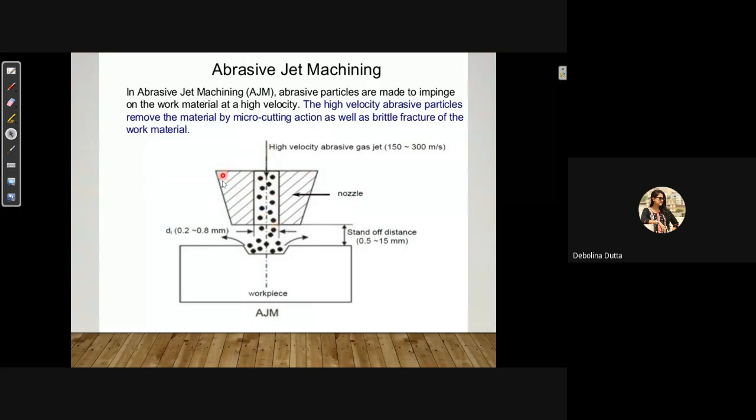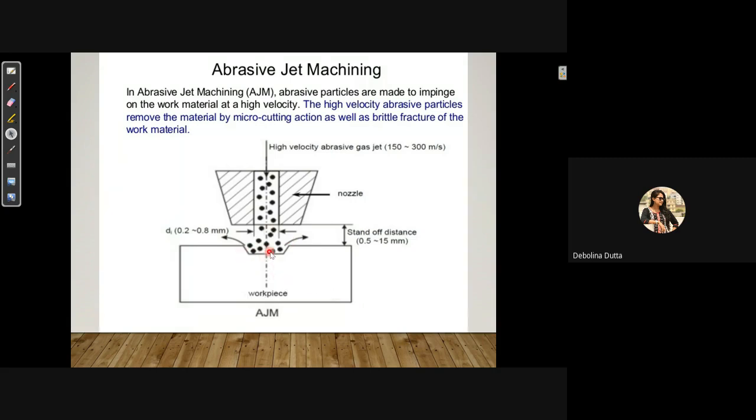Okay, when these abrasive particles are issued through this nozzle and they are interacting with the workpiece, which is typically brittle material. Typically, I am again saying repeatedly, abrasive jet machining is most efficient on brittle material.